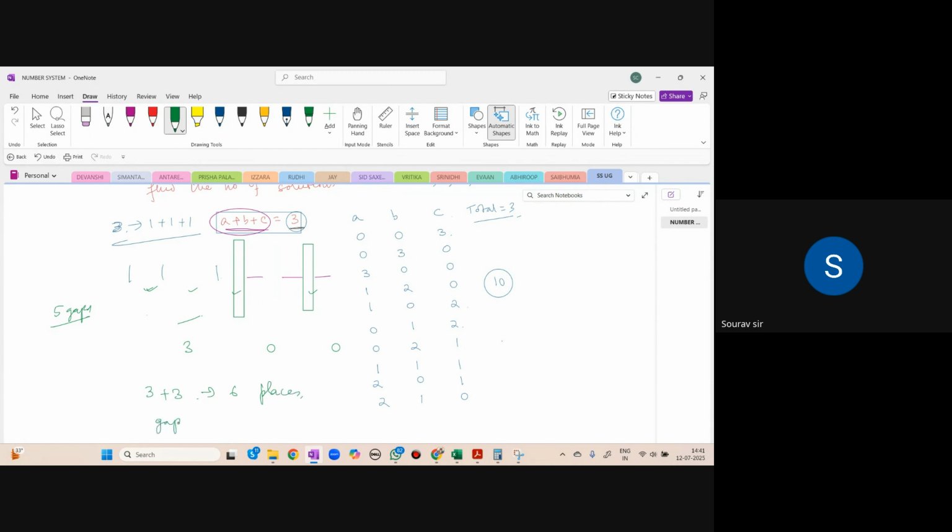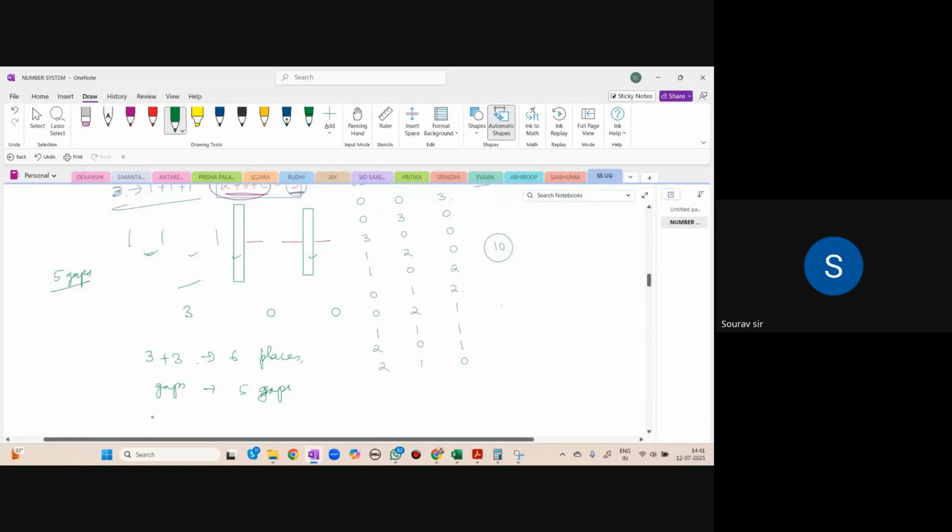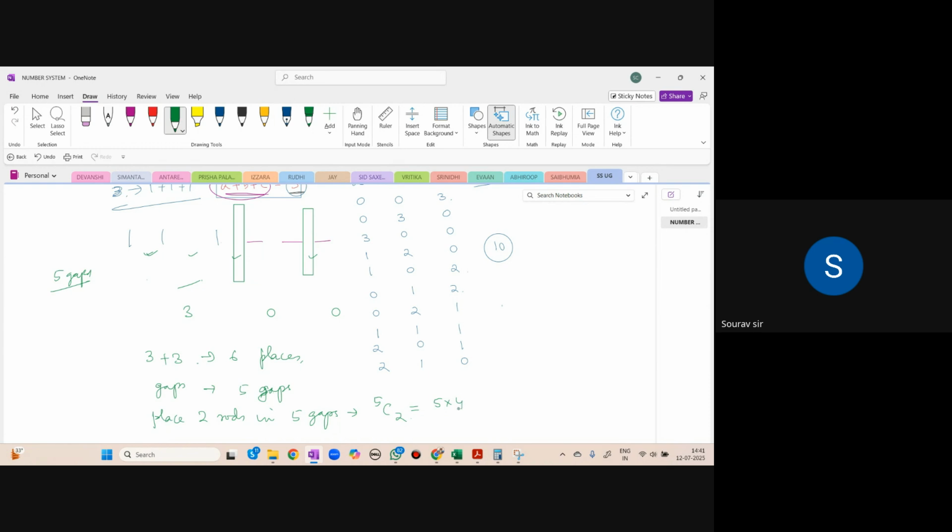That gives me 5 gaps, because the number of gaps will be 1 less than the number of places. And then place 2 rods in 5 gaps, which is 5C2. That's what I'm doing. So if you do 5C2, the answer would be 5 into 4 by 2, which is 10. So that's your answer.